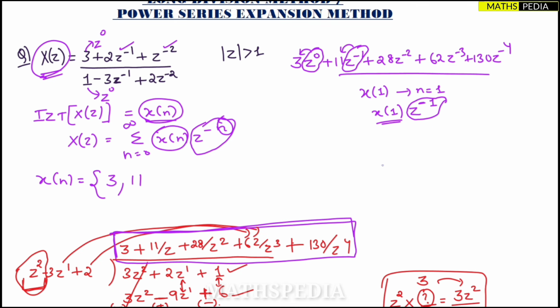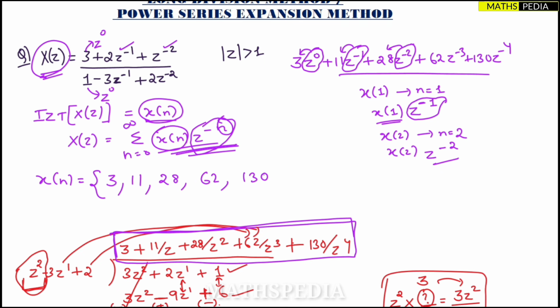Next, I want x of 2, again the same thing, n equal to 2. So x of 2 into z power minus 2. Observe this formula: the coefficient of z power minus 2 is 28. Like this you can write the other terms, 62 and 130.